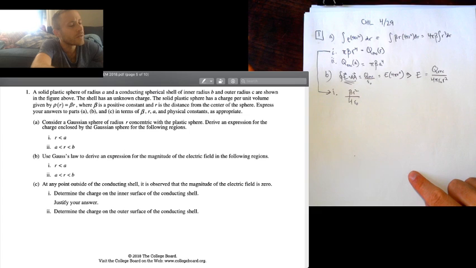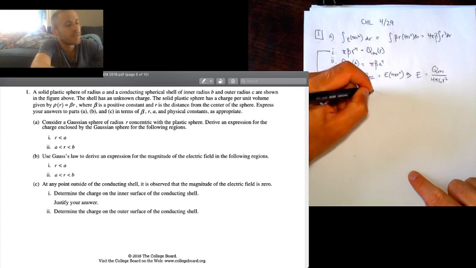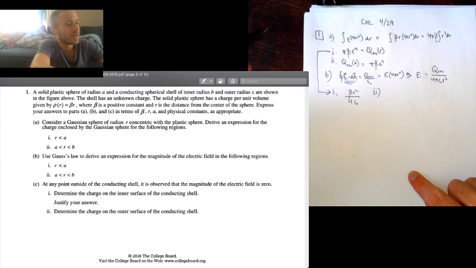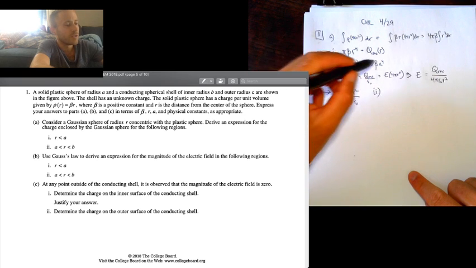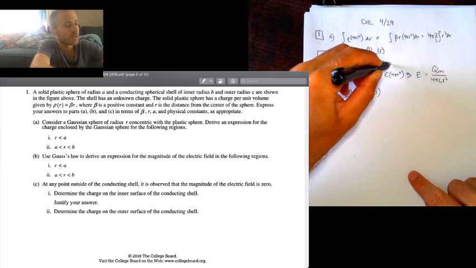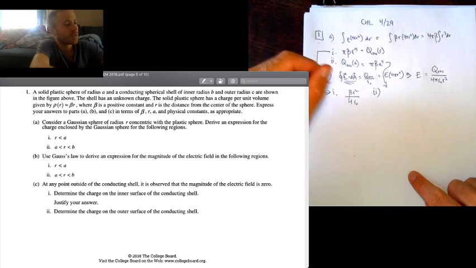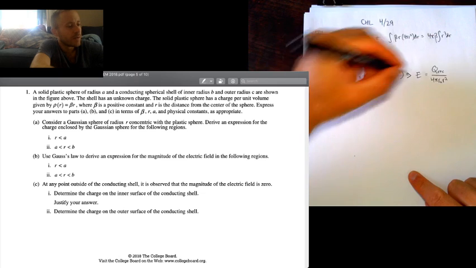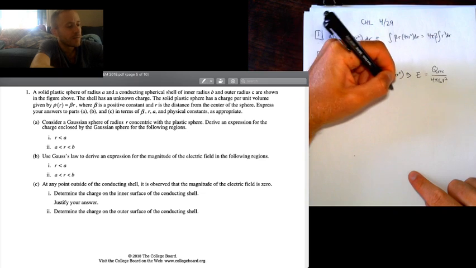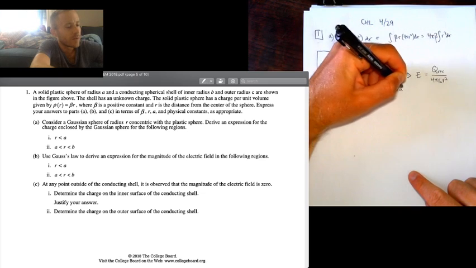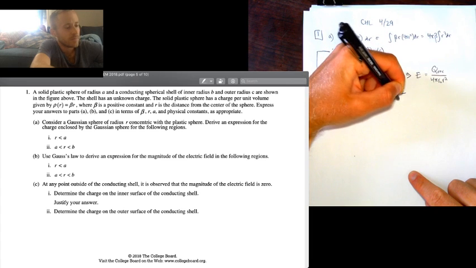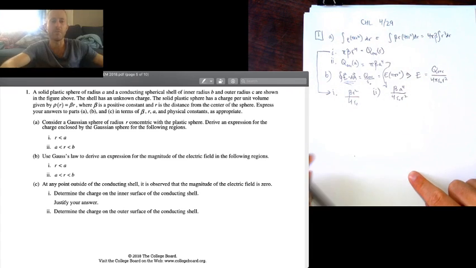I think the pi's cancel, yeah. And for the other region, I'm going to use this expression for the charge enclosed. So that would give me beta a to the 4th divided by 4 epsilon naught r squared for the second region.